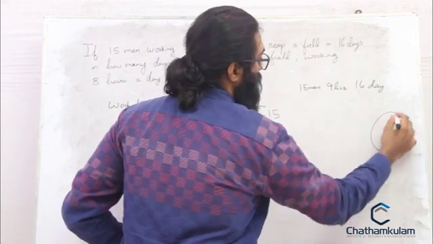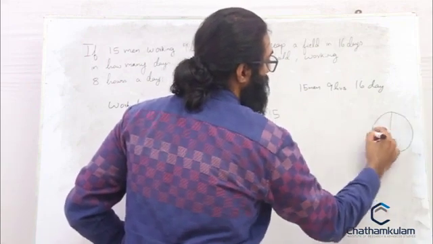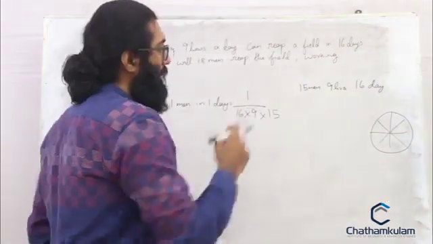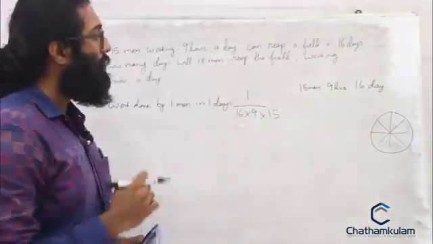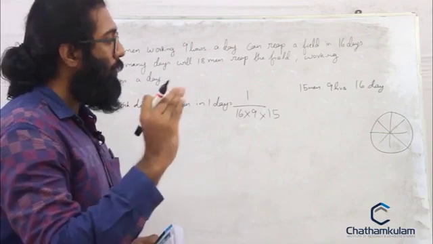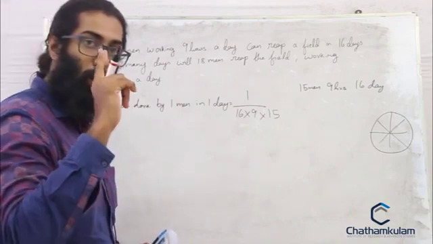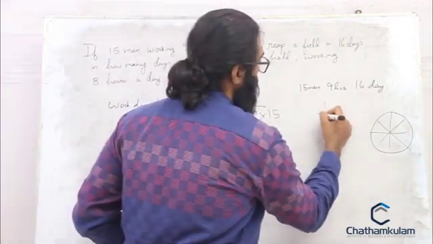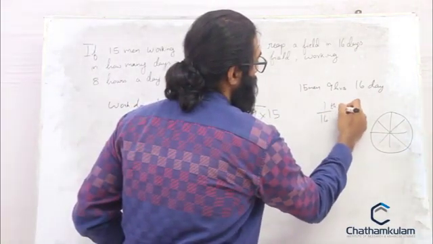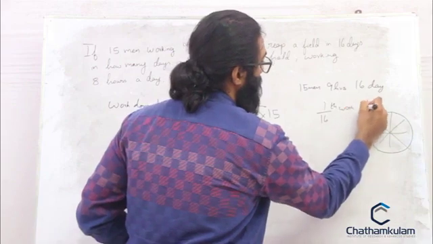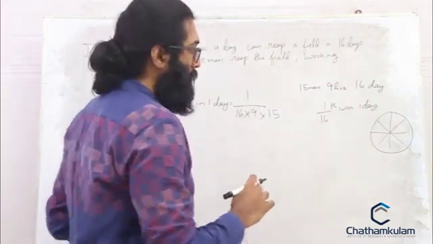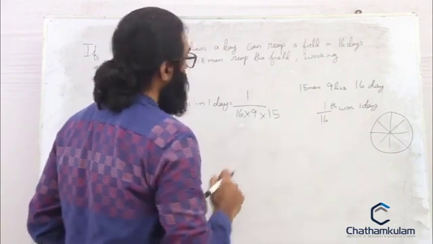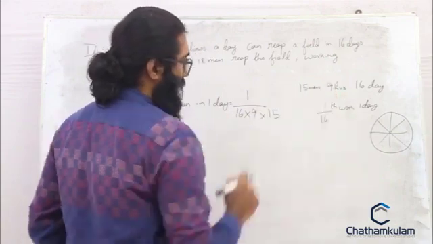So this could be divided into 16 equal parts, right? So each day the men complete 1/16. 15 men complete 1/16th of the work in one day, right? In one day, for how many hours do they work? They work for 9 hours a day.